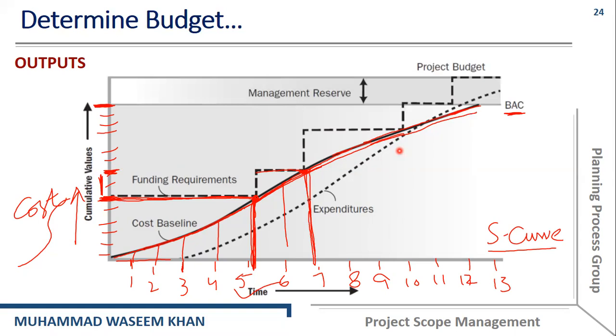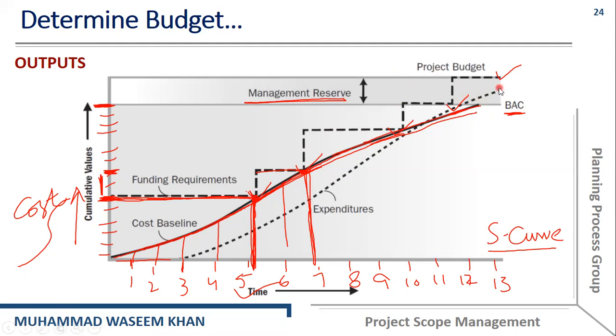Then we have another dotted line that you can see here, and this is the actual cost of a project, the cost that is actually spent in a particular project. This line is somewhat above the budget at completion value, and these are the management reserves.